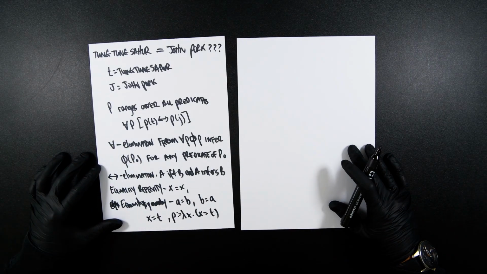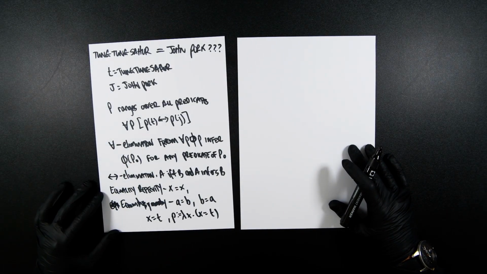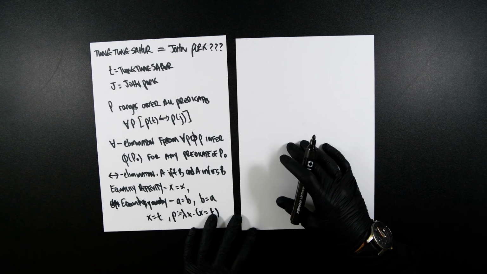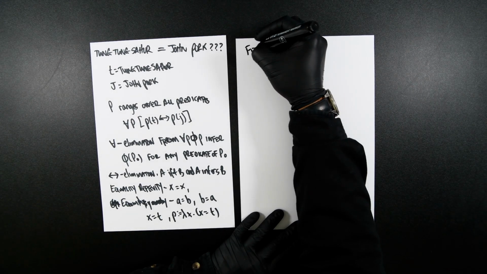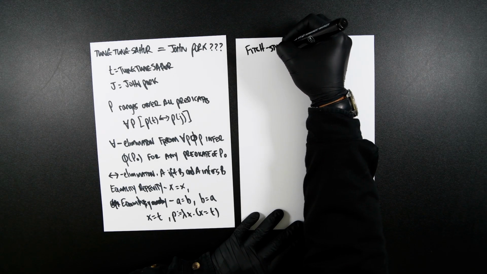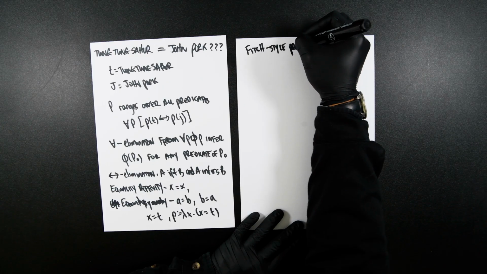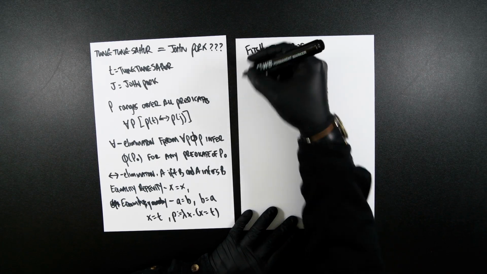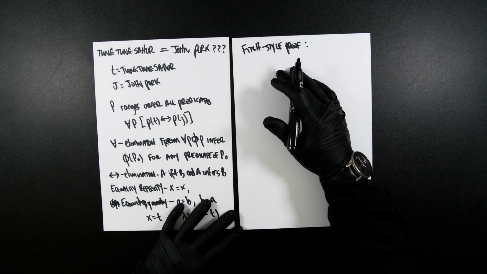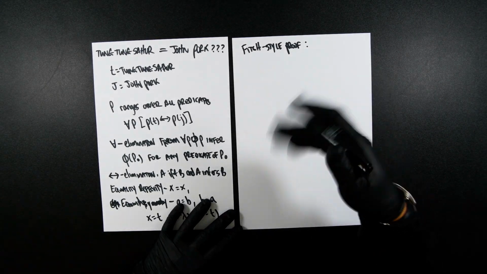So now, because we've laid out all the simple basics, we're now going to begin to set up our Fitch style proof. So this is by laying out each of our conditions, numbering them, and then going, well, if one, then two, and so on.